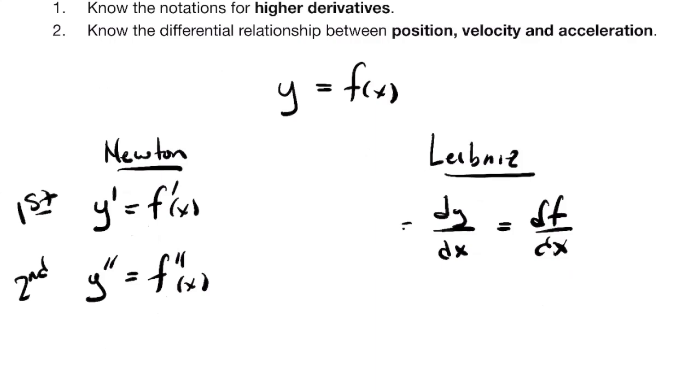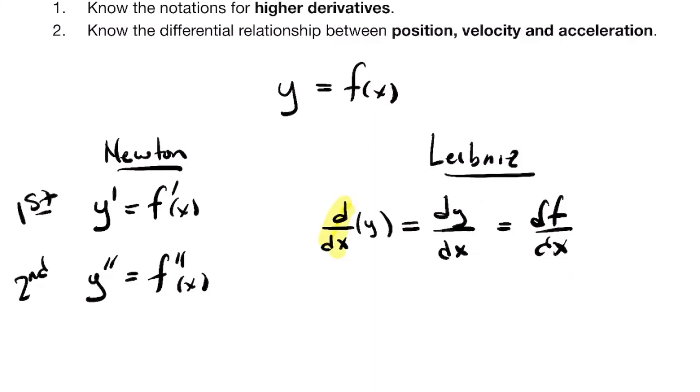The Leibniz notation is a little different. There's the process I was talking about, called d by dx, differentiation. Think of it as applying it to y, and it makes this derivative dy dx. That helps you understand the Leibniz notation, because the second derivative means you've applied this differential operator twice.